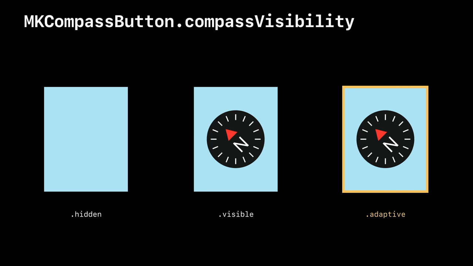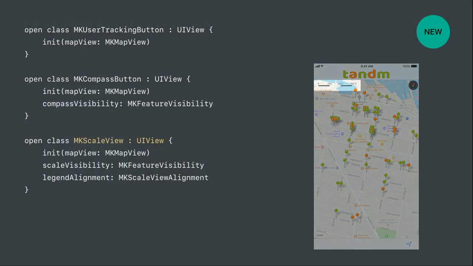The last sibling, the scale view, also has the visibility property, which is the same three-state enumeration: hidden, self-explanatory; visible, also self-explanatory; and adaptive is a new behavior where when your user is zooming in and out, then we display the scale view. Otherwise, we hide it. The scale view has also been available on MapView previously with the showsScale property.